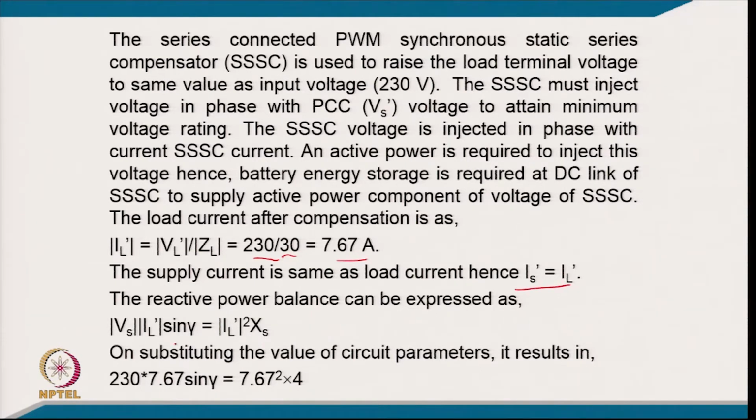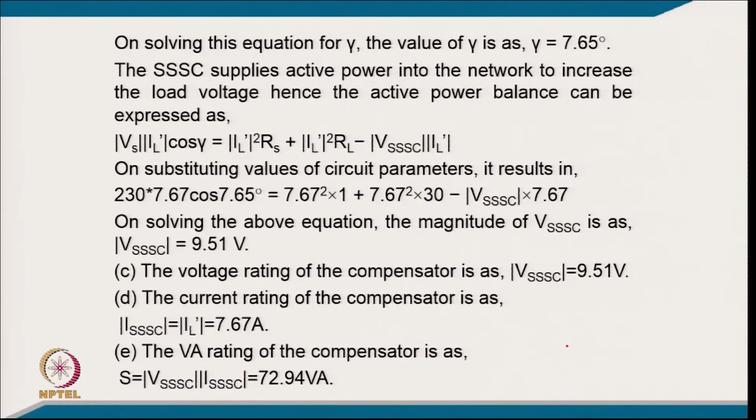The load current and source current are the same. The reactive power balance can be expressed from this, and we can find the angle at which the voltage is to be injected, 7.65 degrees. The SSC supplies active power into the network to increase the load voltage, hence the active power balance can be expressed. From this relation of active power on the grid side, we put the loss in source impedance, then the loss in load, minus the active power injected into the series compensator.